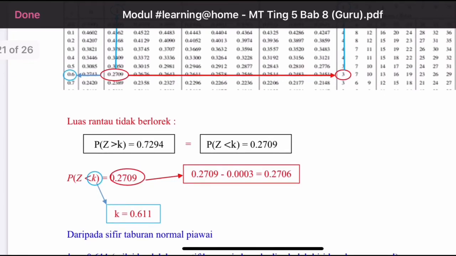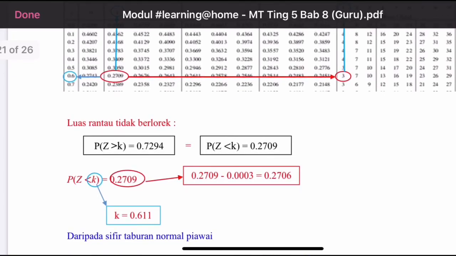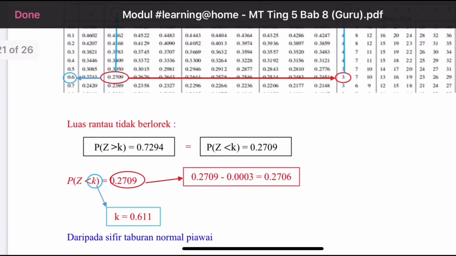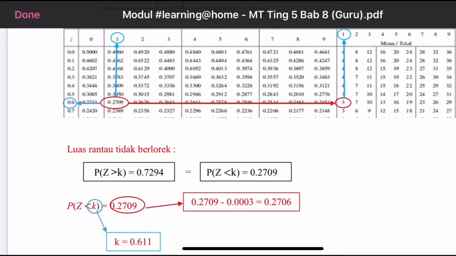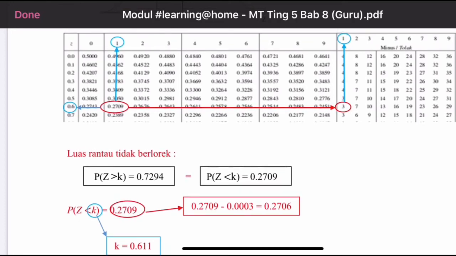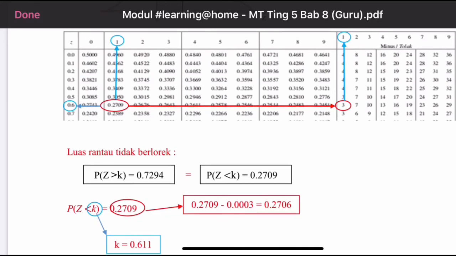So you cannot find from 0.7294. We will find 1 minus 0.7294. So you can only read from the Buku Sifir 0.2709, because the areas are actually sharing the same z-score. So we will use the area which is less than 0.5 to find the z-score.